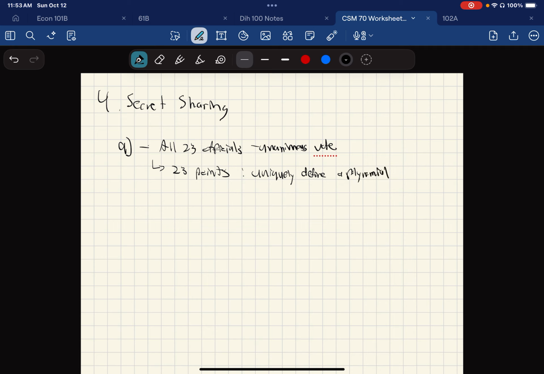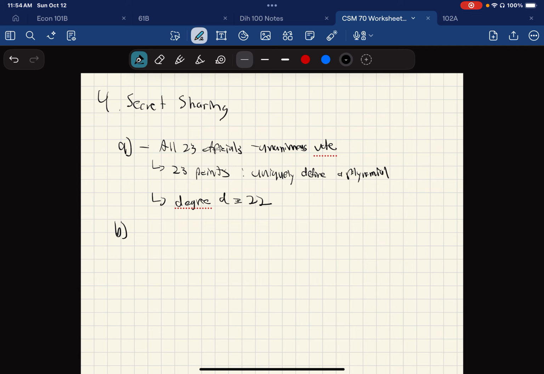We know that n points uniquely define an n minus 1 degree polynomial, or you can think of it like a degree d polynomial is uniquely defined by d plus 1 points. So we know that degree d will be 22.